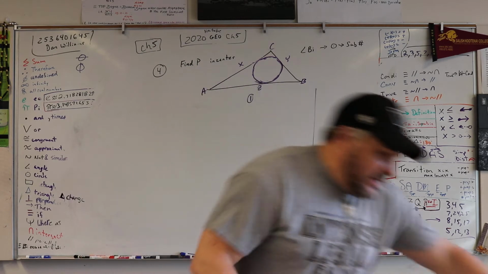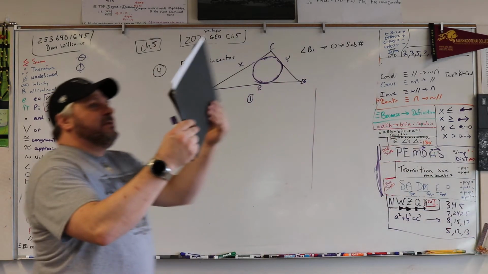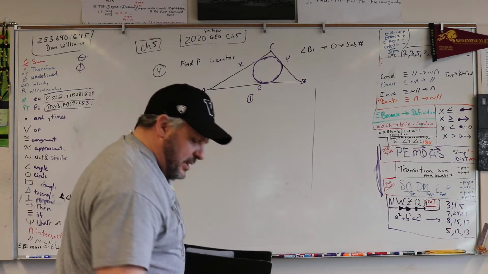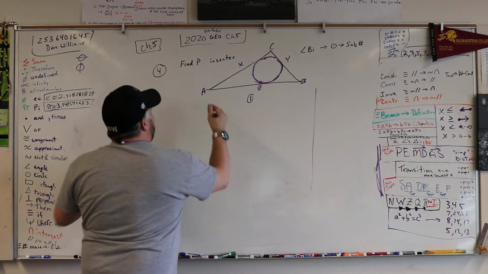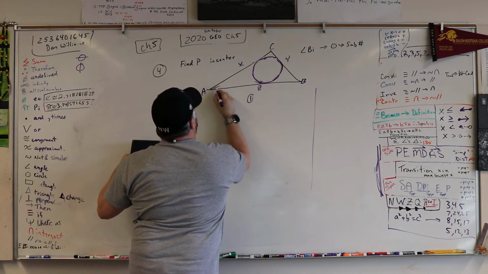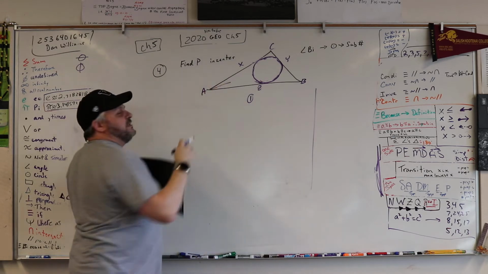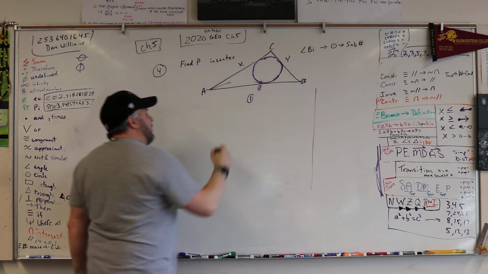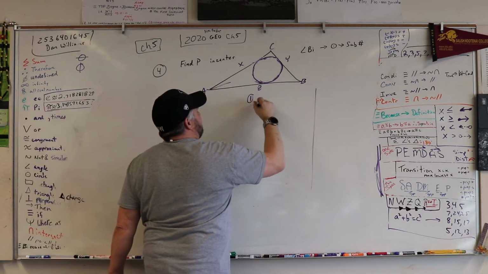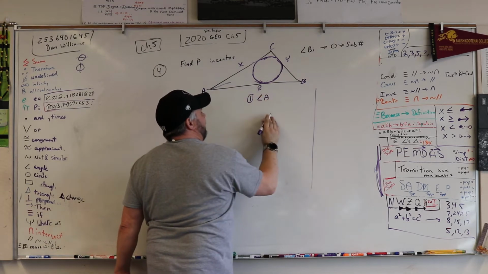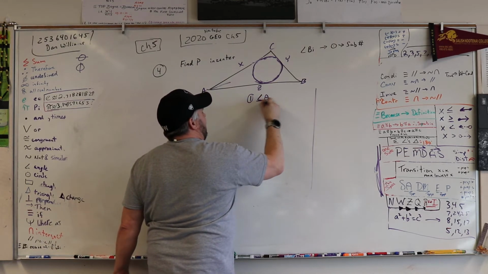Can I find a straight edge? Oh, here's one. Alright, so I'm going to take this and cut this angle in half. So my first step is to take angle A and cut it in half.